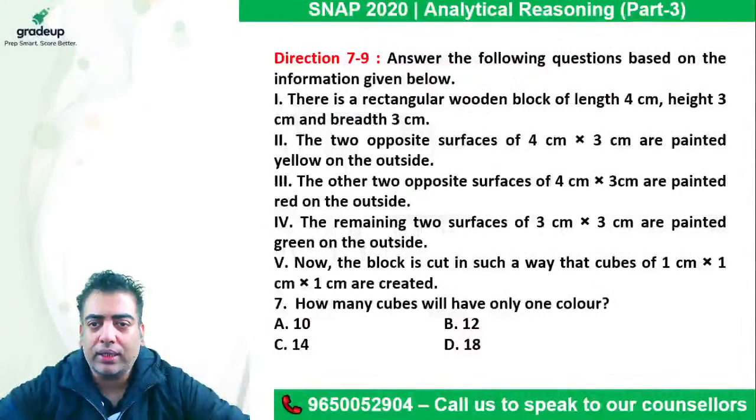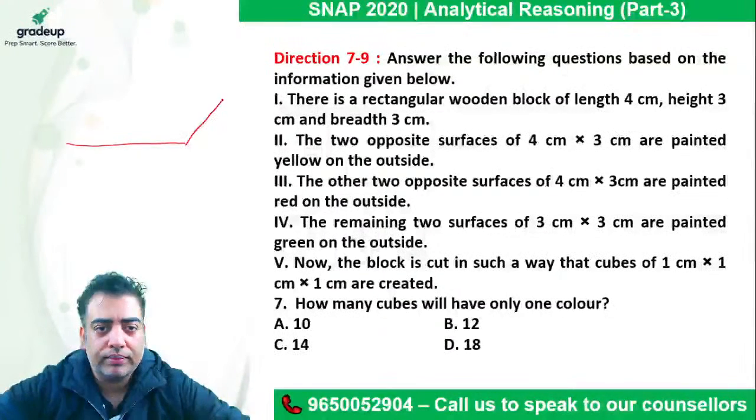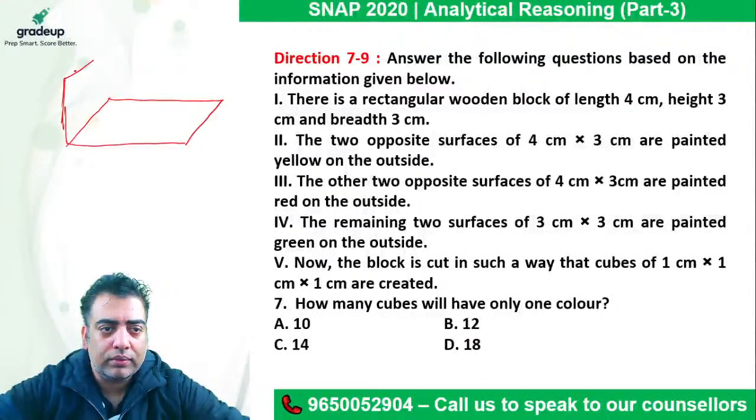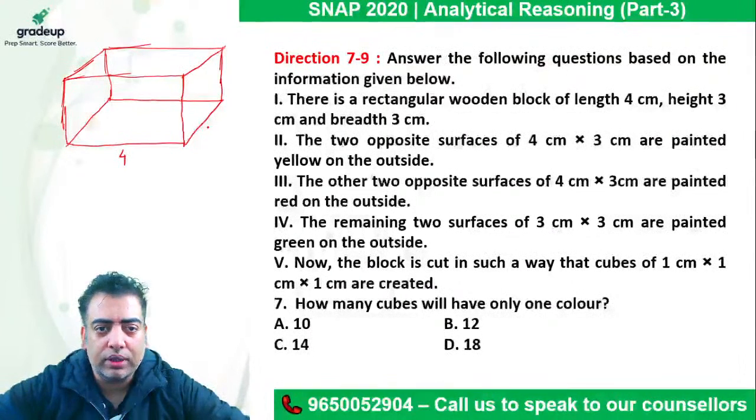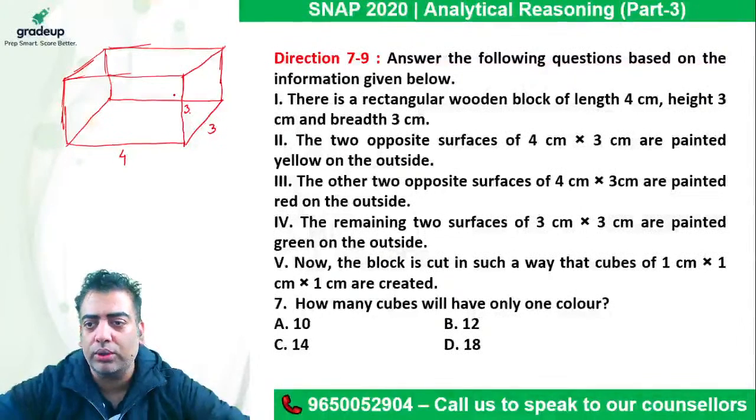Here he says there is a rectangular wooden block of length 4, height 3 and breadth 3. So it will look like this. Let's say this is the length 4, the breadth is 3, and the height is also 3.